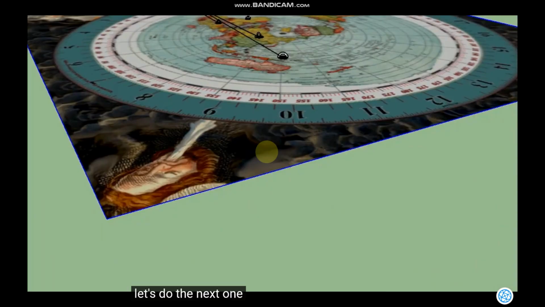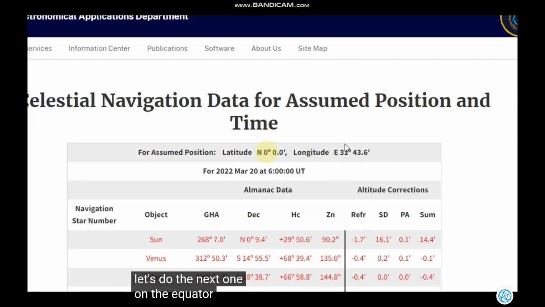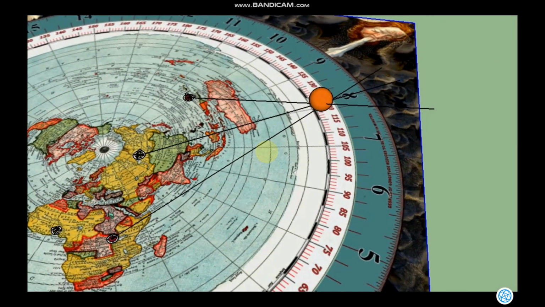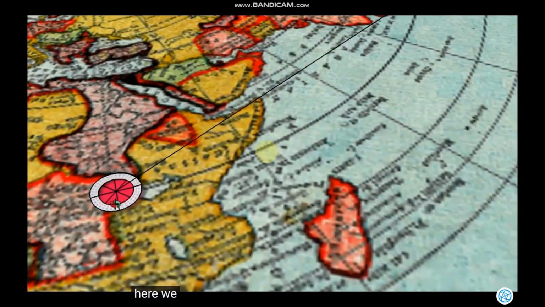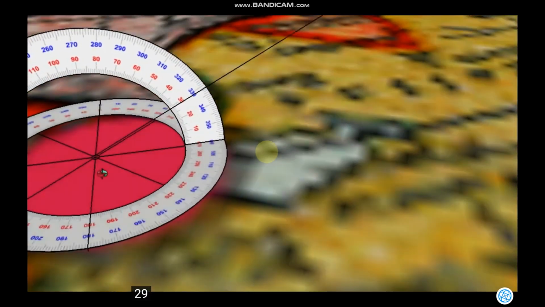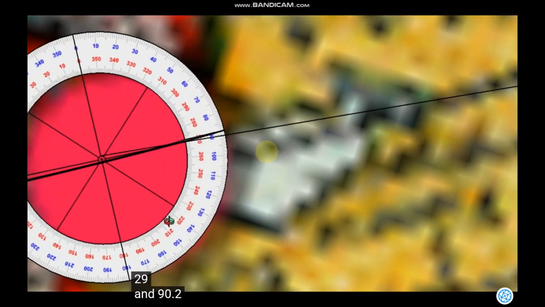Let's do the next one, on the equator, on the east 31st longitude. Azimuth is 90.2 and altitude is 29. Here we are, 29 and 90.2.